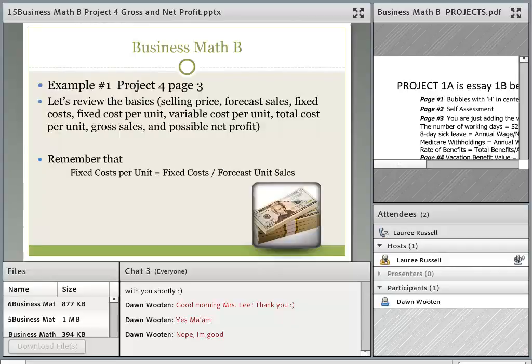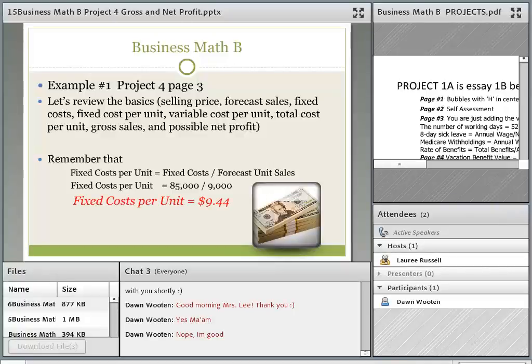So here are the formulas for these. To find out your fixed cost per unit, you actually take all of your fixed costs and divide it by the forecasted sales. So to find out how much one of them cost, we took the fixed cost for all of them, which was $85,000, and we divided by the amount that we sold, which was 9,000.